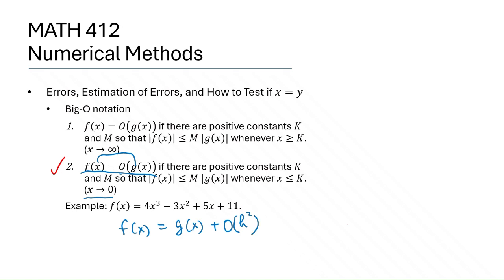Moving the big O term to the left-hand side, algebraically we get f of x minus g of x, but that's ugly. We still write it this way because it shows the relation between f of x and g of x. It measures, you may say, the truncation error. We don't mind whether it's positive or negative here.